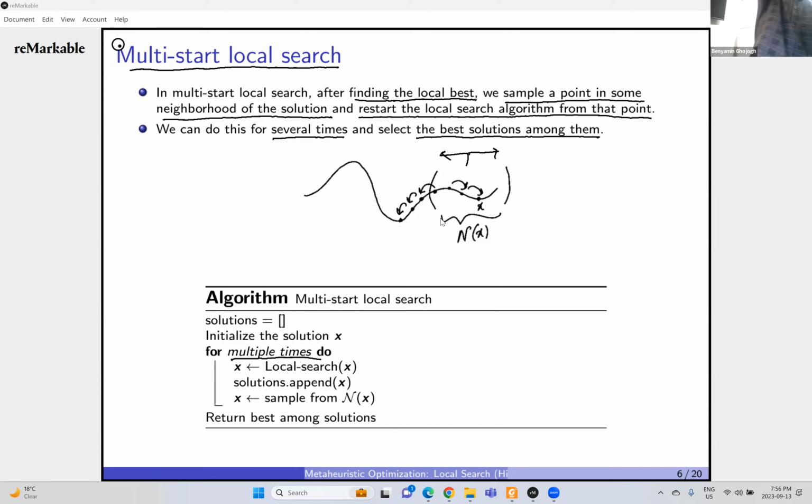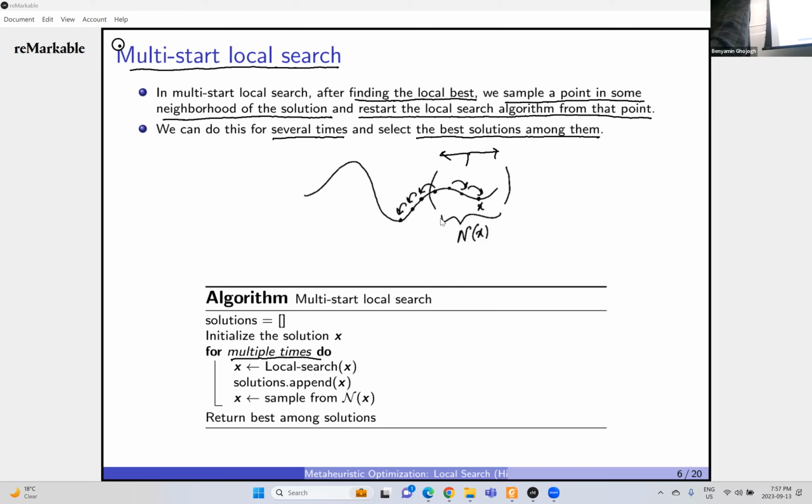Do you remember I said in a neighborhood around that, initialize the next local search. Let the radius of this neighborhood be big. Then you might go to other parts of the landscape and search and find some better local best. Do you agree? Of course, you never find out whether that local best is a global best or not, but you hope, right? In mathematical optimization, we always hope, right? Did you understand the question and the explanation?